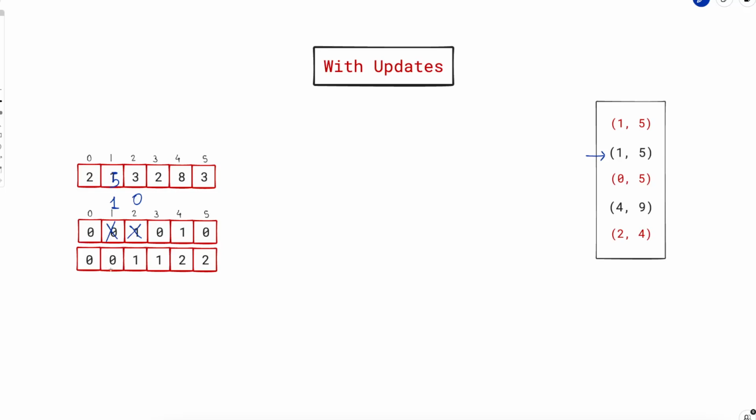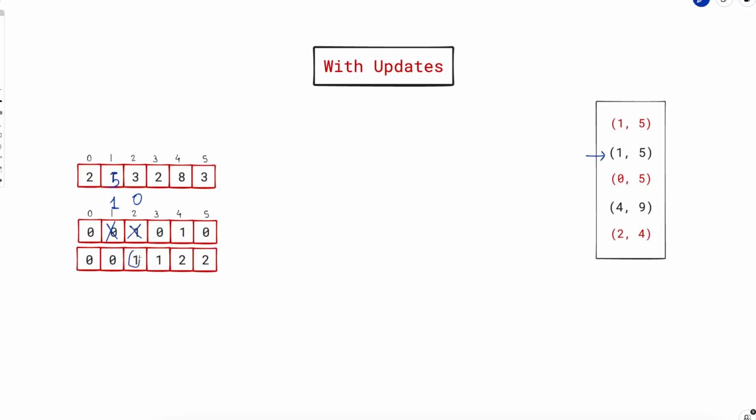This element was denoting everything in the range 0 to 4, right? So anything here that changes will change this element as well. Similarly, anything before 5, if anything changes, this 5 will be affected as well. So basically, if you change this element, all of these prefix sums need to be updated.